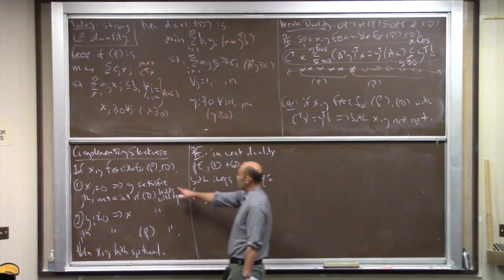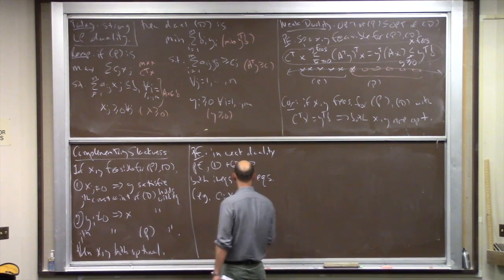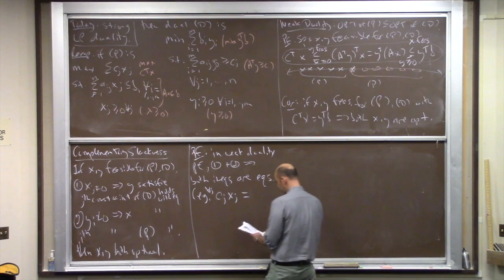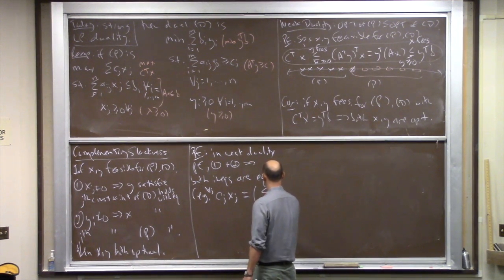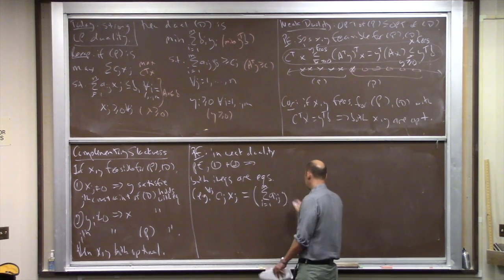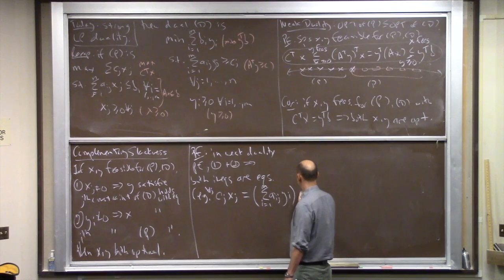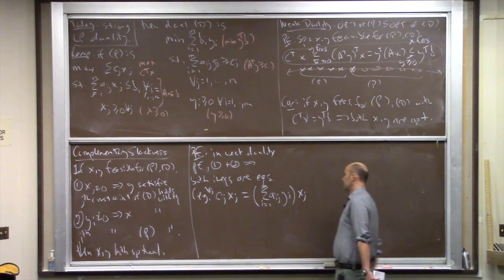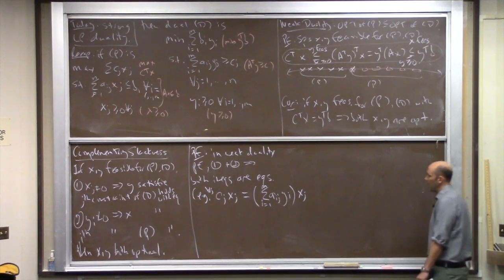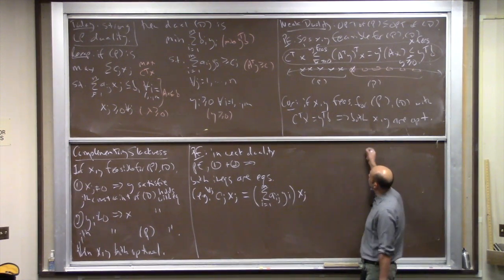So if 1 holds, then I claim that for all j, cj xj just equals xj times sum over i aij yi. Okay? So again, this is for a fixed j.